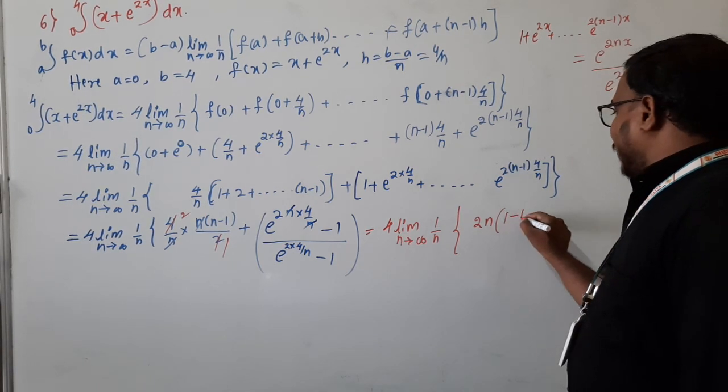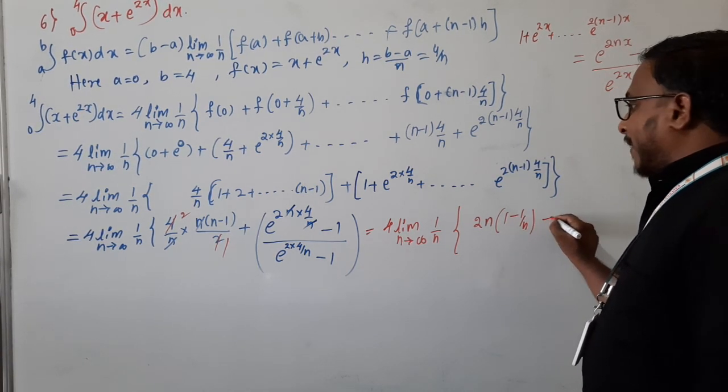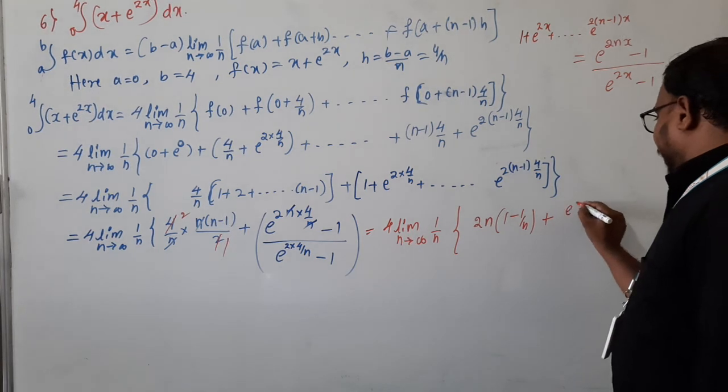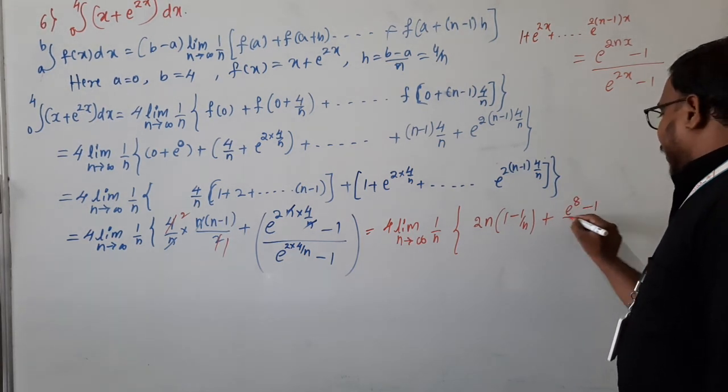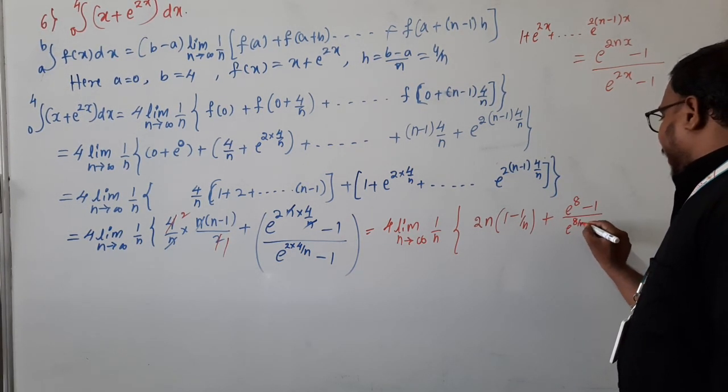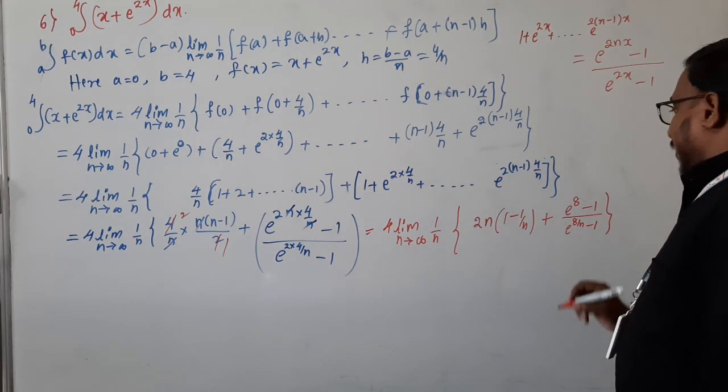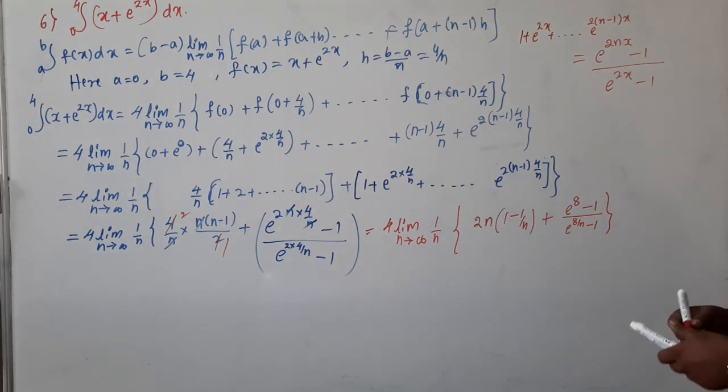It will become 1 minus 1 by n plus e to the power 8 minus 1 divided by e to the power 8 by n minus 1.